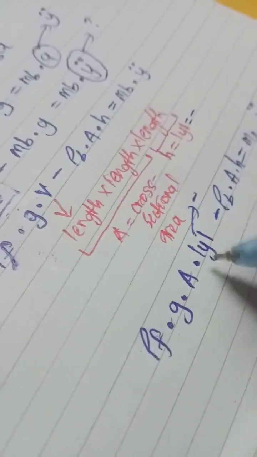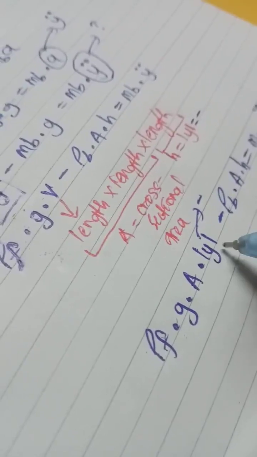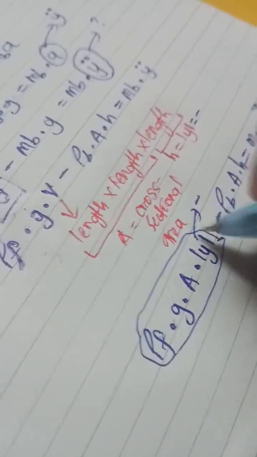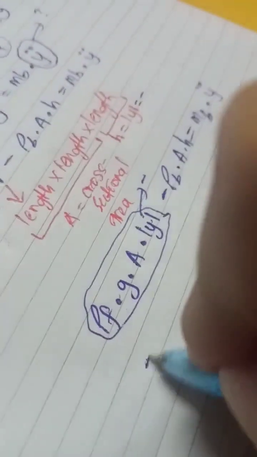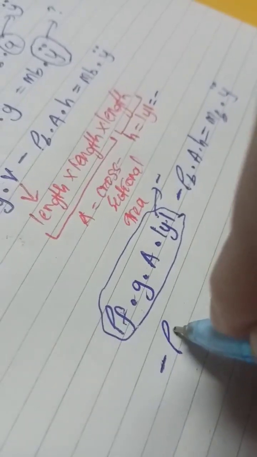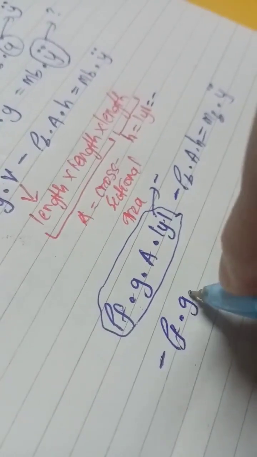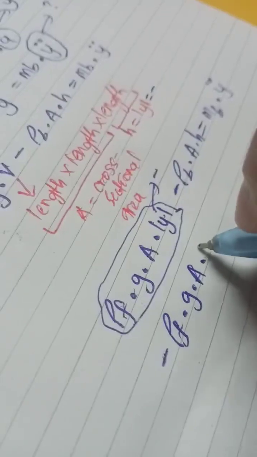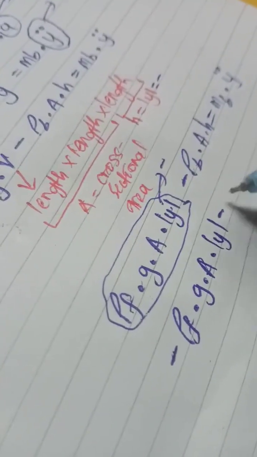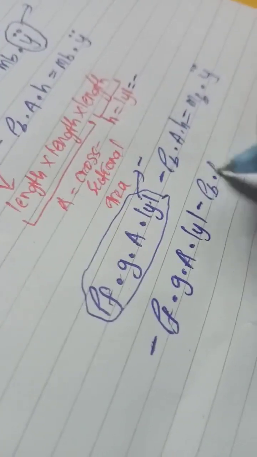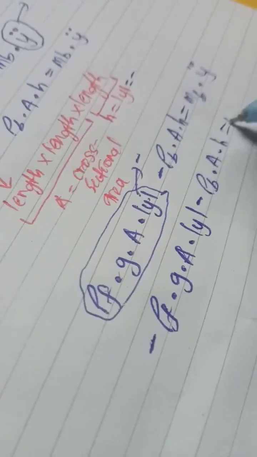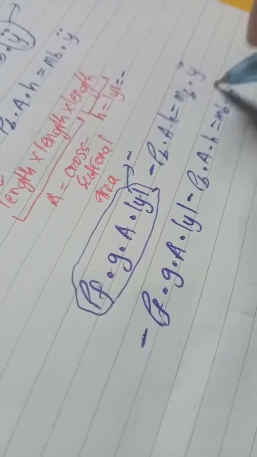So this equation will become negative: negative rho_F times g times A times modulus y, minus rho_B times A times H, equals m_b times y double dot.